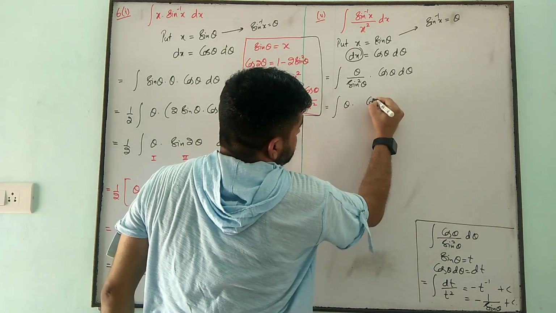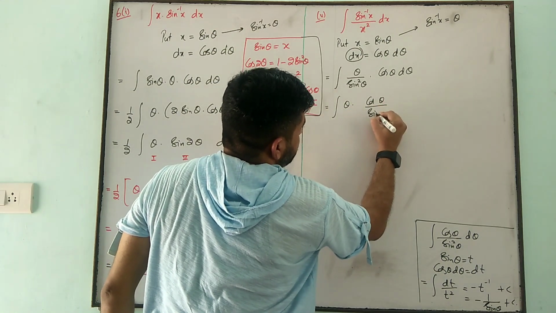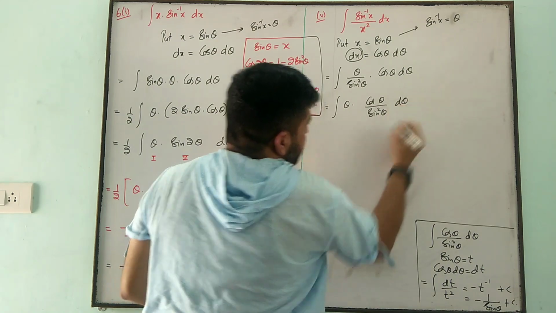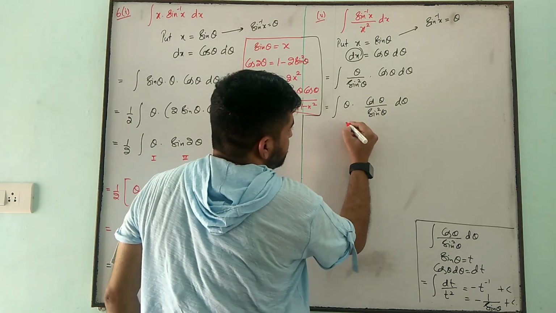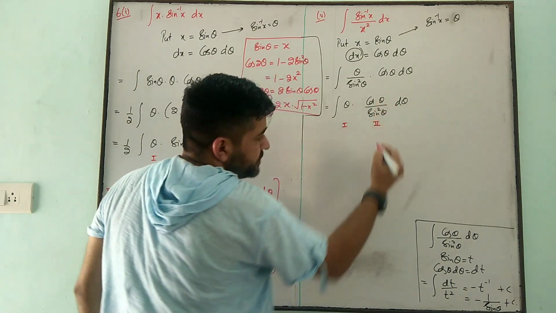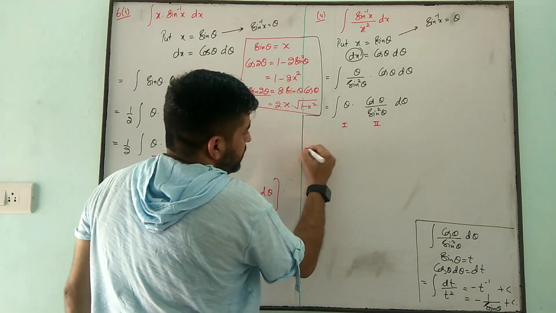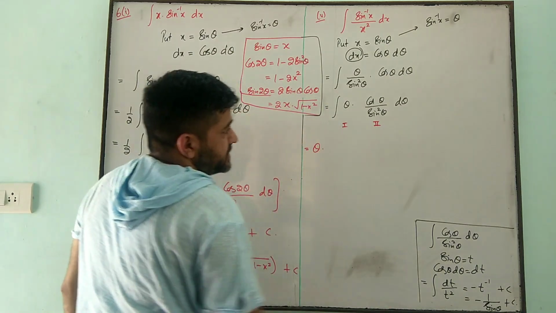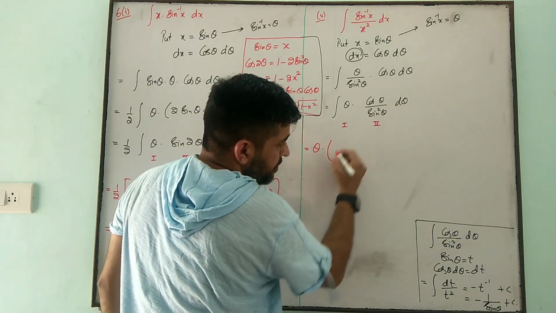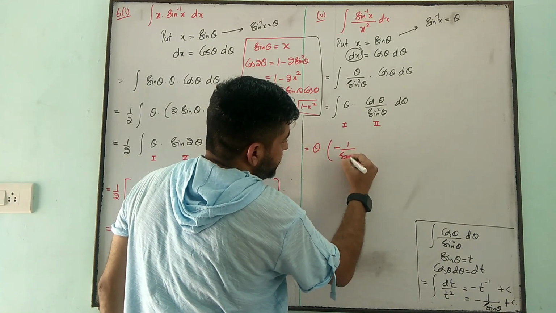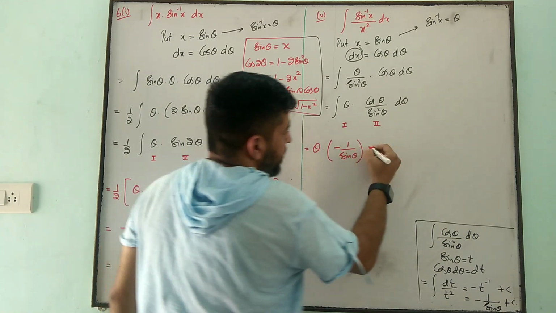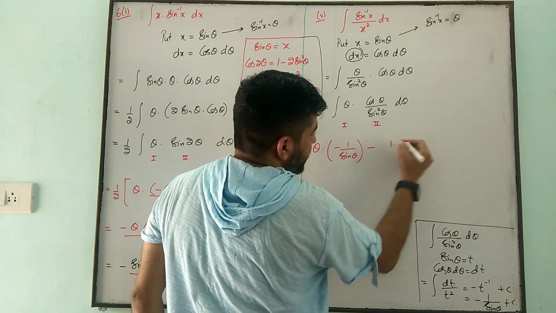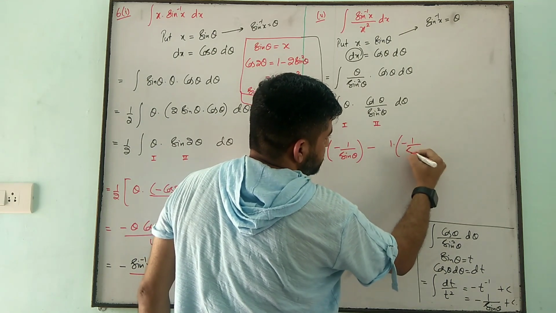So we can write it now, theta into cos theta upon sin square theta, and this as first function and this as second function, as we know it's direct integral. First function as it is, integral of this is minus 1 upon sin theta, minus derivative of first and integral of second is minus 1 upon sin theta.